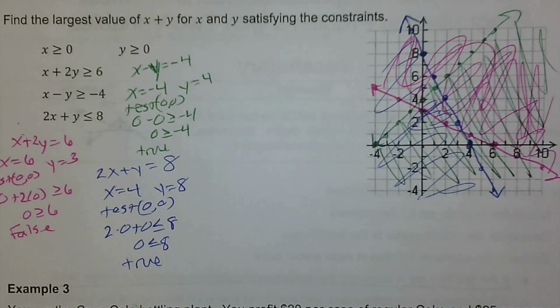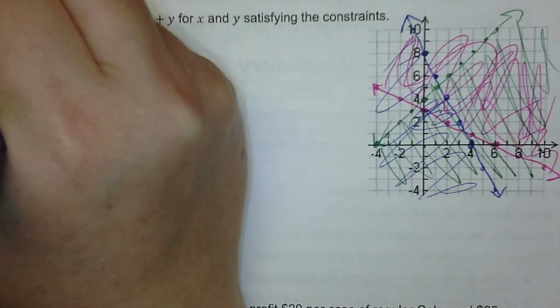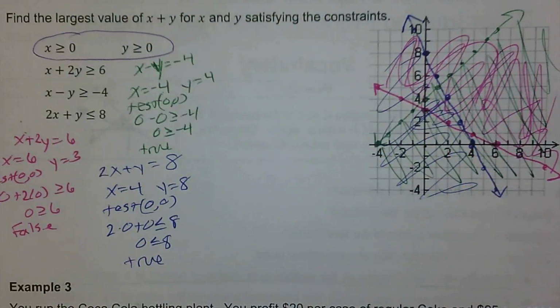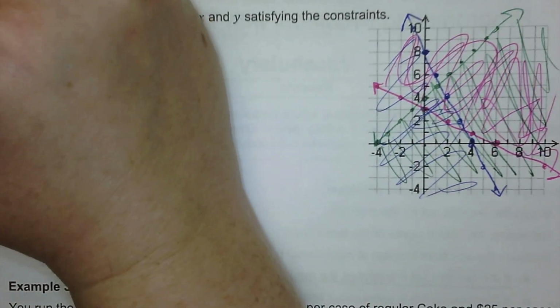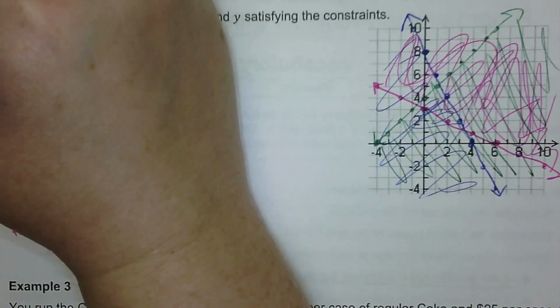The last two constraints to worry about: x is greater than or equal to 0, and y is greater than or equal to 0. Well, if x and y are both greater than or equal to 0, that means we're talking about quadrant 1.